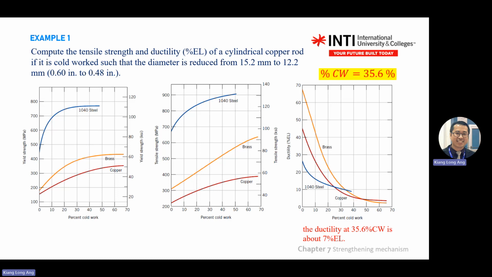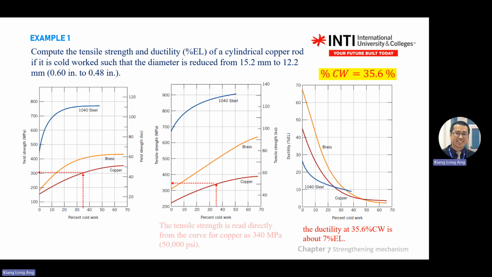If you do 3 steps and ask me to choose, I will purposely choose the wrong one. So don't make your marker choose for you. Here we use the center graph, same also, 36% copper. Go here, so it's about 300 something. This one is quite direct.